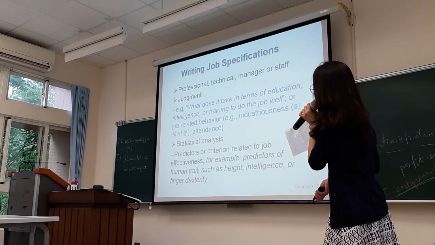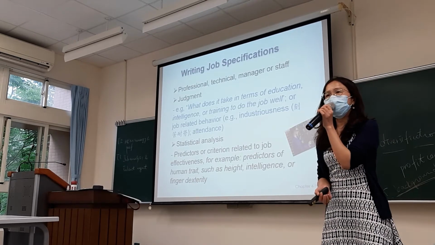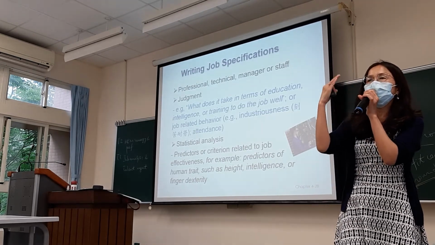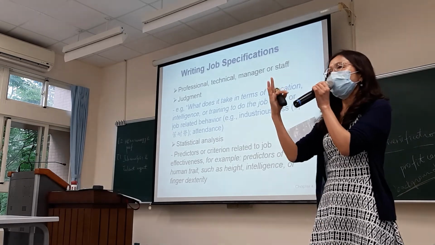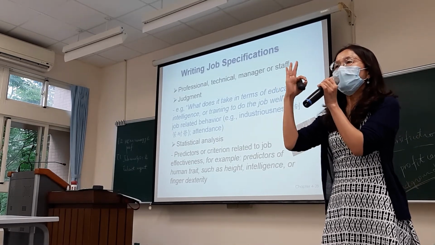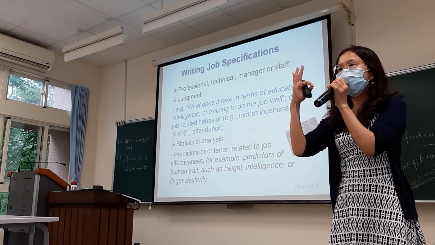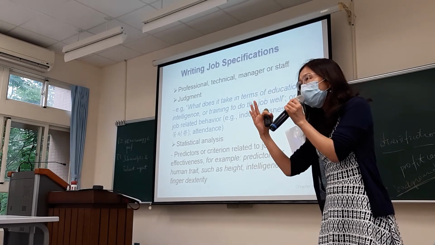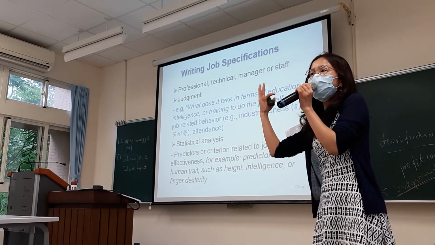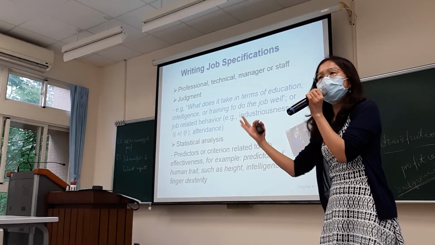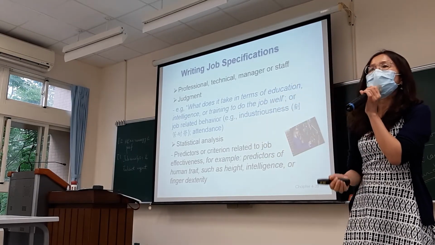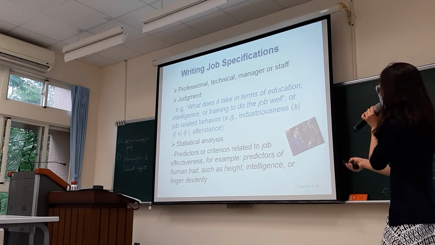To job specification. Job specification, as we mentioned, is related to the human requirement that indicates for this particular job position what kind of skill or, for example, personality, some characteristic that you need, right? So then you can list it up.